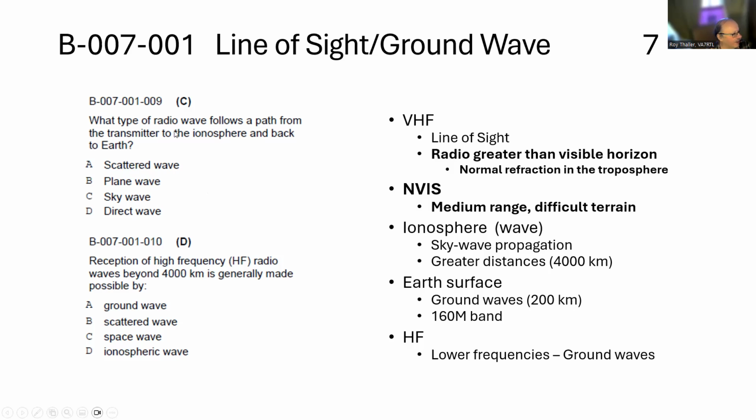Because the ionosphere is involved, that would be a sky wave again. So C is the correct answer. Reception of high frequency HF radio waves beyond 4,000 kilometers is generally made possible by the ionospheric wave, or the sky wave. So D is the correct answer.